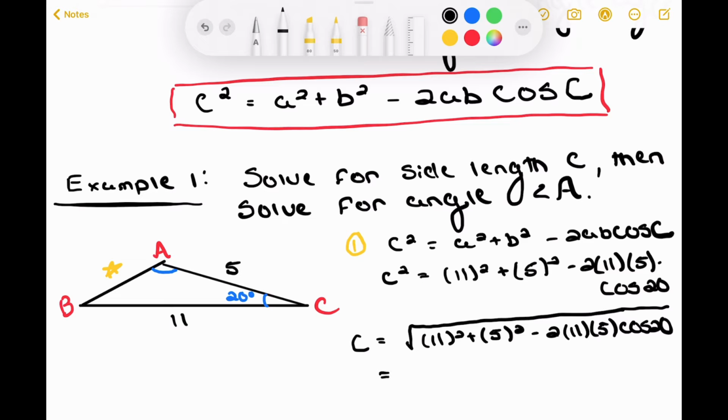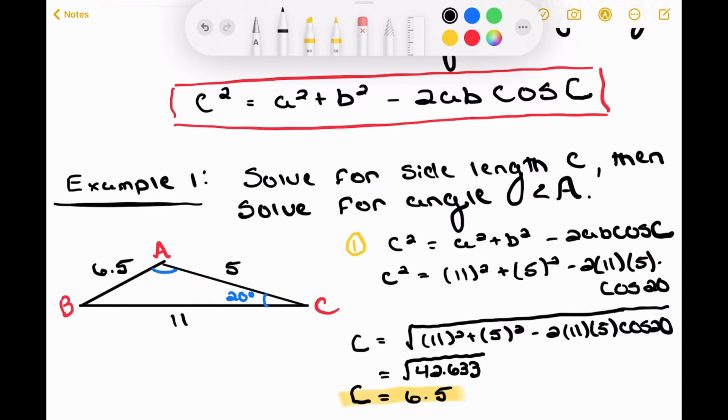This is equal to the square root of 42.633, which is then equal to 6 point, and let's round it to the nearest tenth, 6.5. So c is equal to 6.5, and then we can write that in for our c value instead of the star. I'm going to erase that star there, and write in the 6.5.